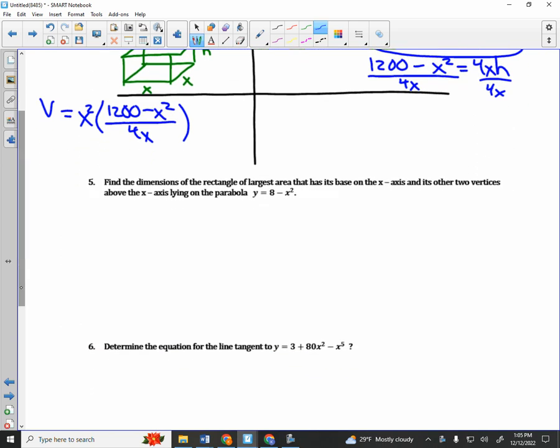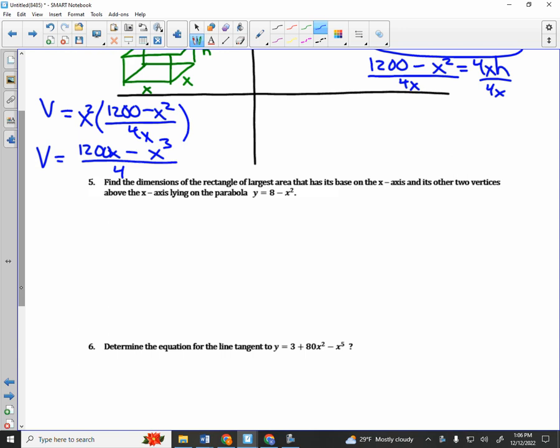What's going to happen with the x on the bottom? It cancels, and you get volume is equal to, on the top, you have 1200x minus x cubed, over 4. Because one of the x's is gone.